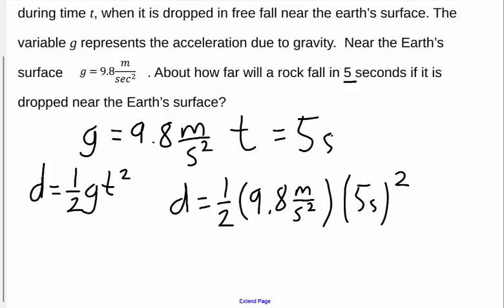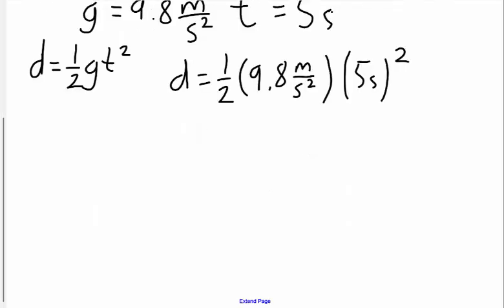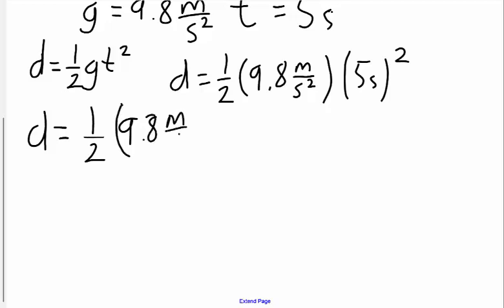Let's do this the right way. So we keep our d. D, distance, equals 1/2 of 9.8 meters per second squared. 5 seconds squared is 25, and seconds is squared now since we squared it. 5 seconds times 5 seconds is 25 seconds squared.